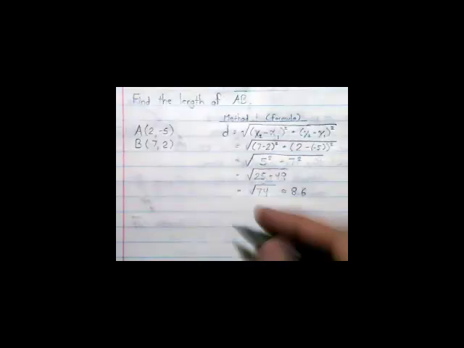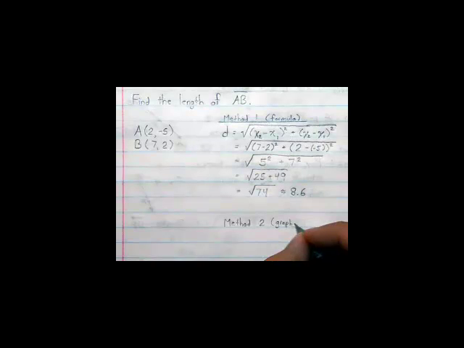Method 2 is the one I like to use because I'm kind of a visual person. I like to see it. So this is using a graph and the Pythagorean theorem. If you have a hard time drawing a nice, pretty graph, this might not be the one for you. The first thing you need to do is plot the points.